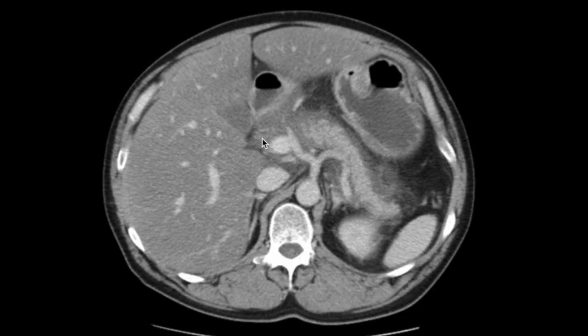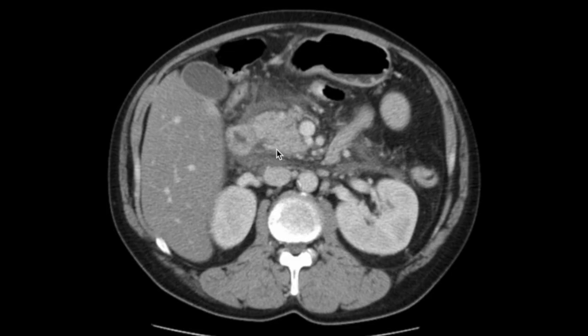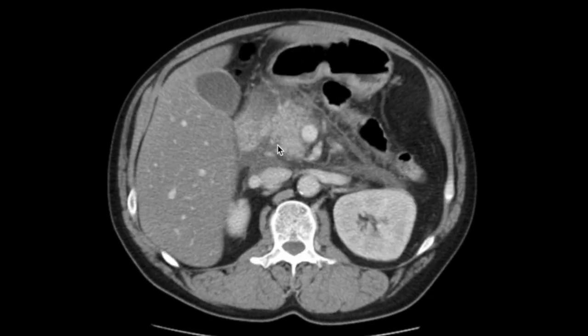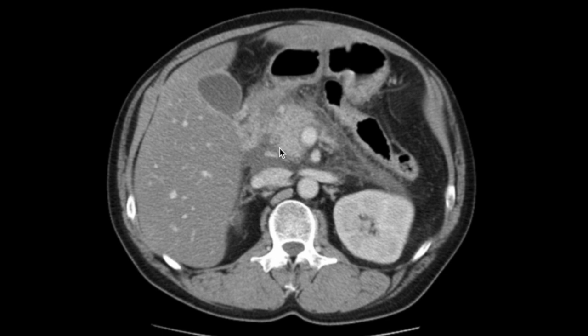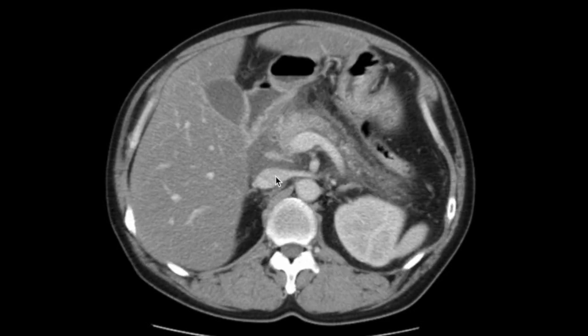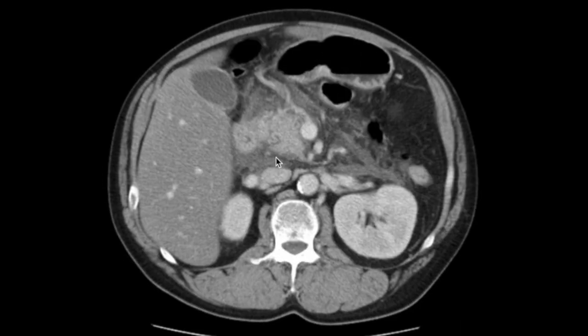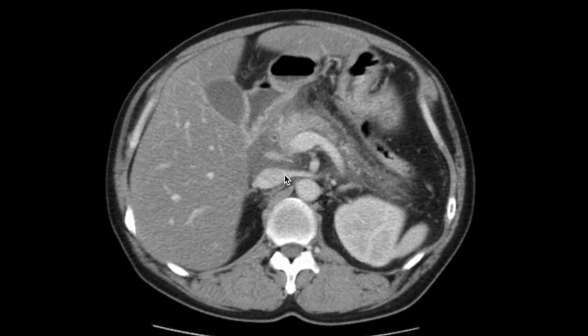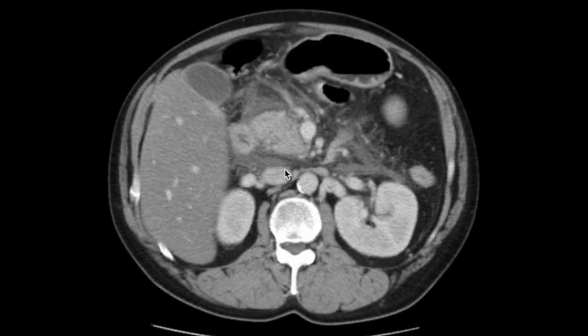A few stones are radiolucent and won't show on CT, so definitive confirmation would require MRI or endoscopy. But in this CT, there's no ductal dilatation and nothing suggests obstruction. Therefore, a common bile duct stone is unlikely.